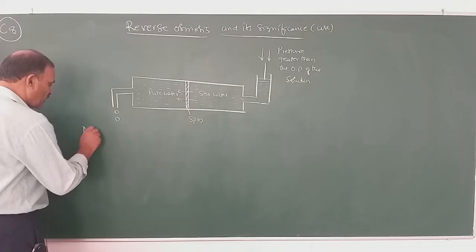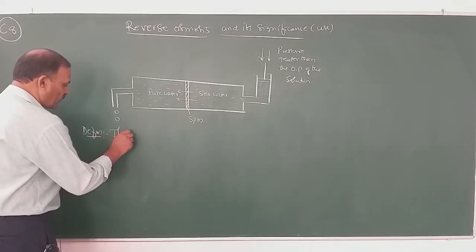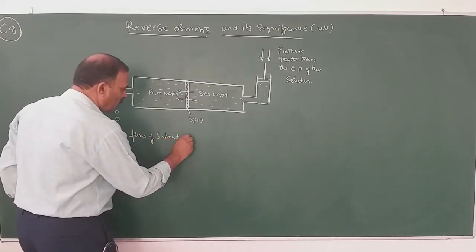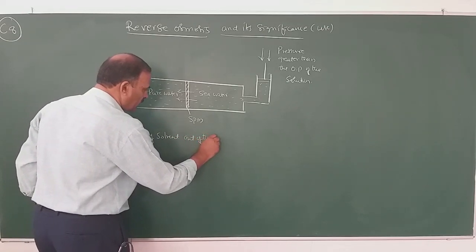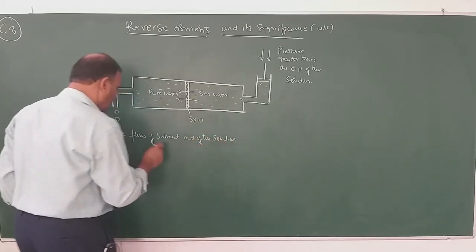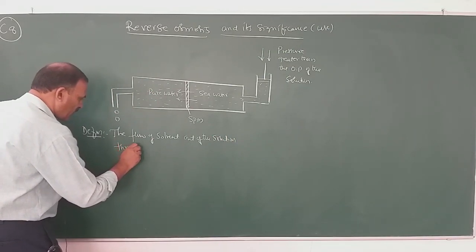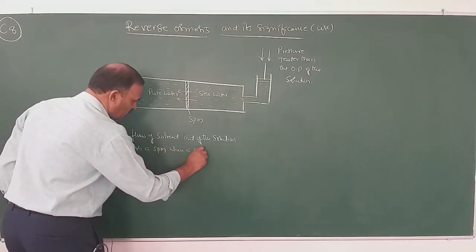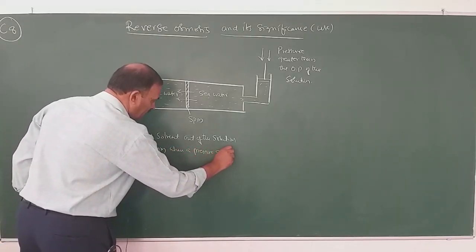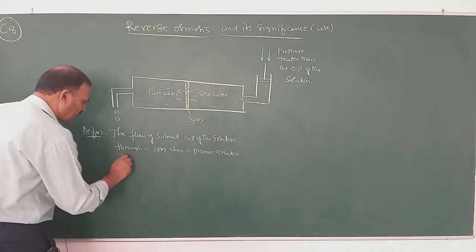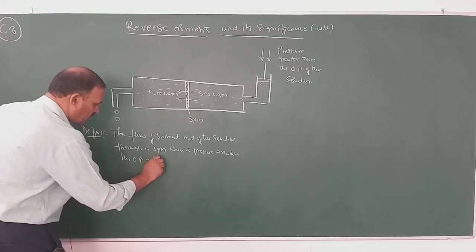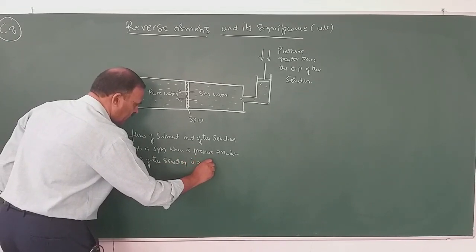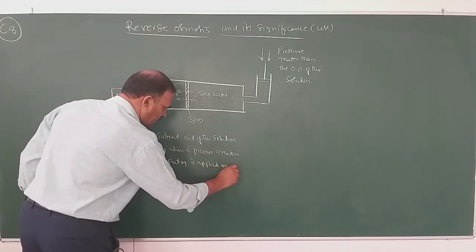So what is the definition of reverse osmosis? The flow of solvent out of the solution through a semi-permeable membrane when a pressure greater than, this is very important, pressure greater than the osmotic pressure of the solution is applied on it.